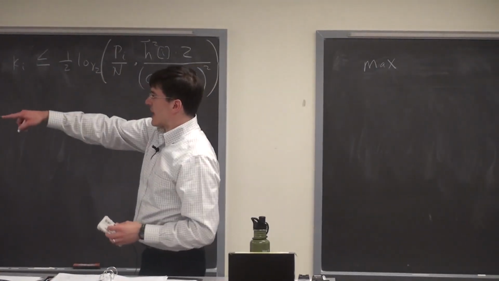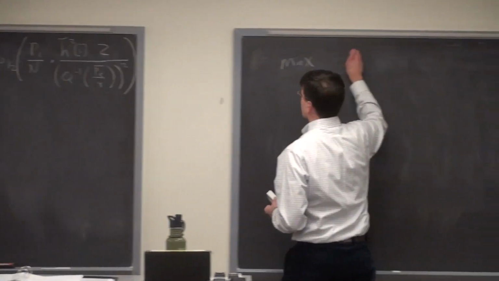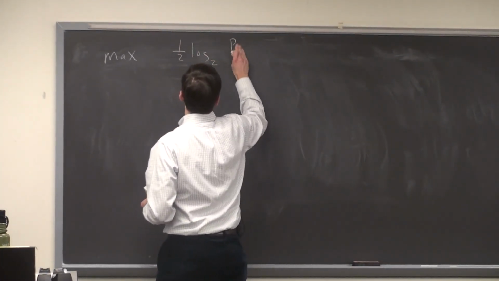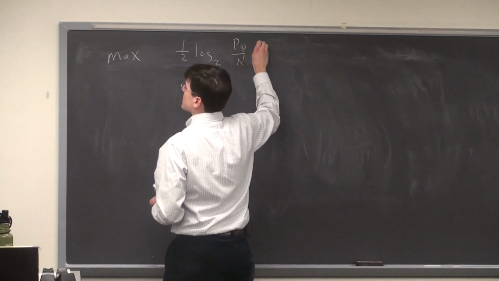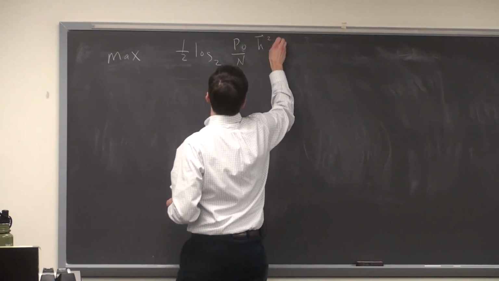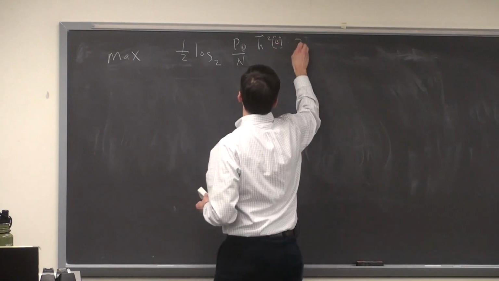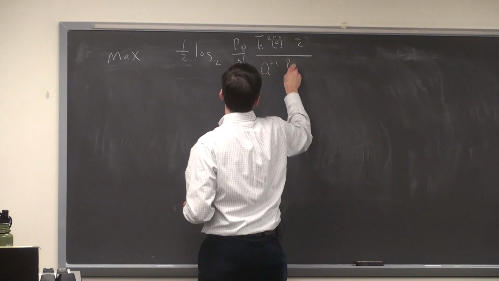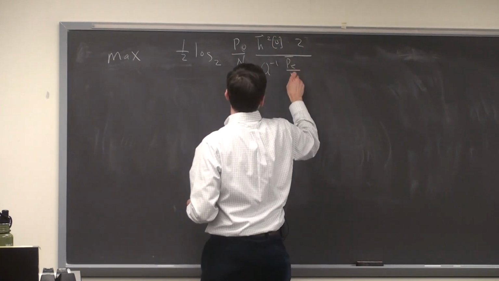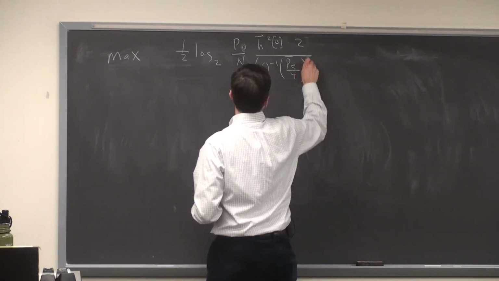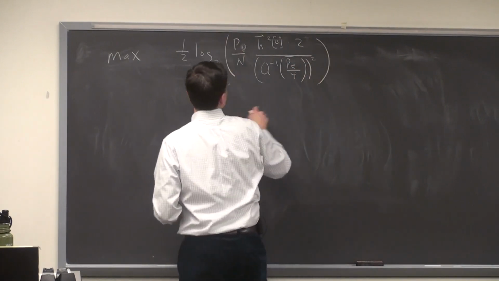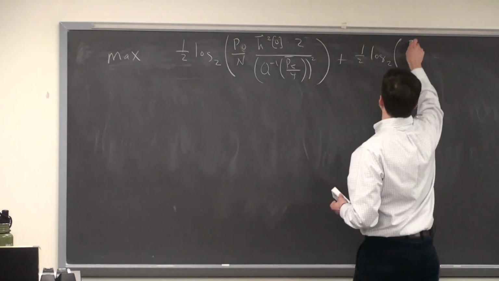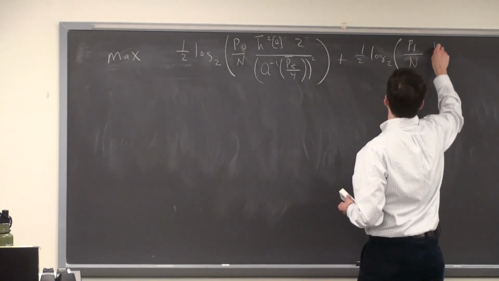Okay, so if I just substitute in for k, I get an optimization problem purely in terms of the p's. So plug in for k0. Plug in for k1.